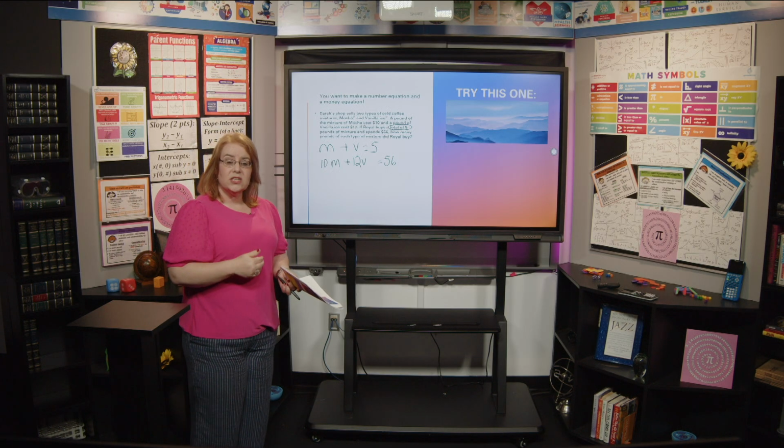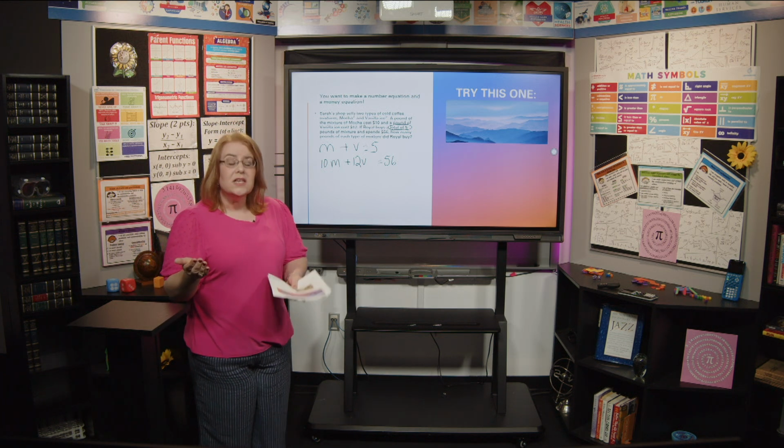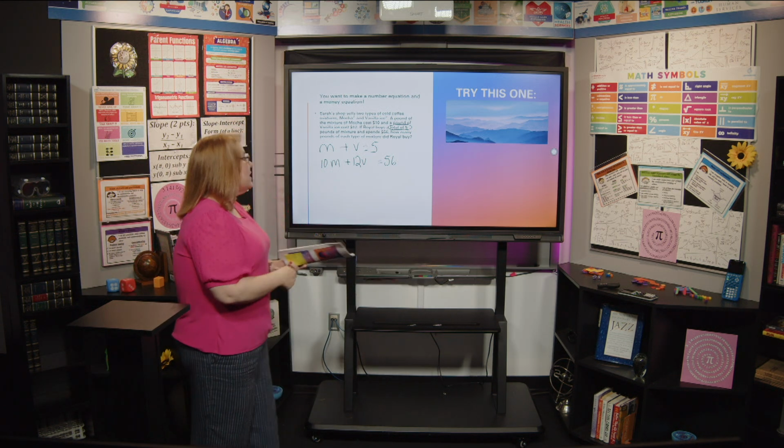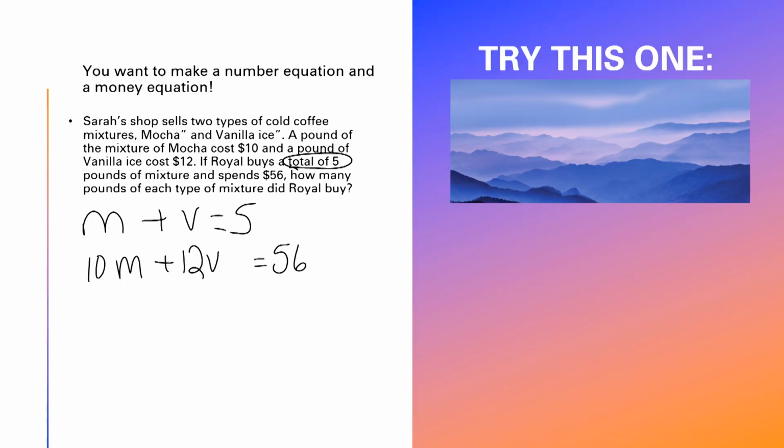Remember, in elimination, I'm getting rid of one thing so I can solve for the exact amount of another thing. So let's go ahead and look at this. Let's eliminate our vanilla. So that means I need to have them opposite with the same coefficient, one positive, one negative. Since I have a positive 12 down here, I'm going to multiply everything on top by a negative 12.